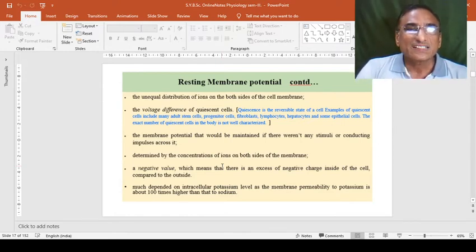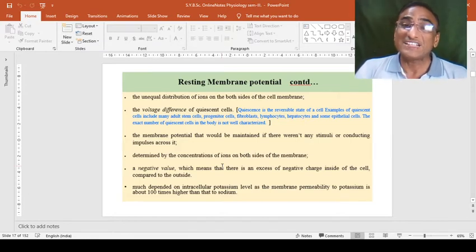Second, the voltage difference of quiescent cells. The voltage inside and outside is altered due to quiescence, which is nothing but the reversible state of the cell.